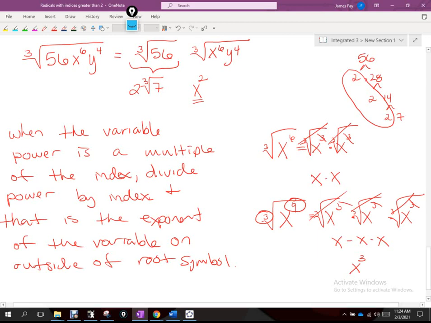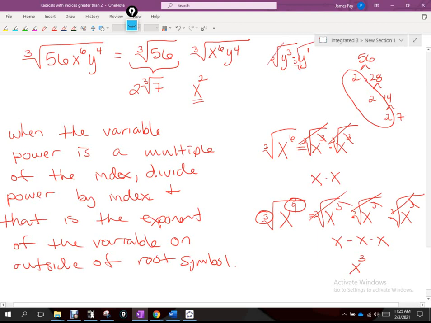Okay? So y to the 4th, would you guys agree y to the 4th can be rewritten as y to the 3rd times y to the 1st? Does that make sense? Can I then take the cube root of y to the 3rd and the cube root of y? What's the cube root of y to the 3rd?